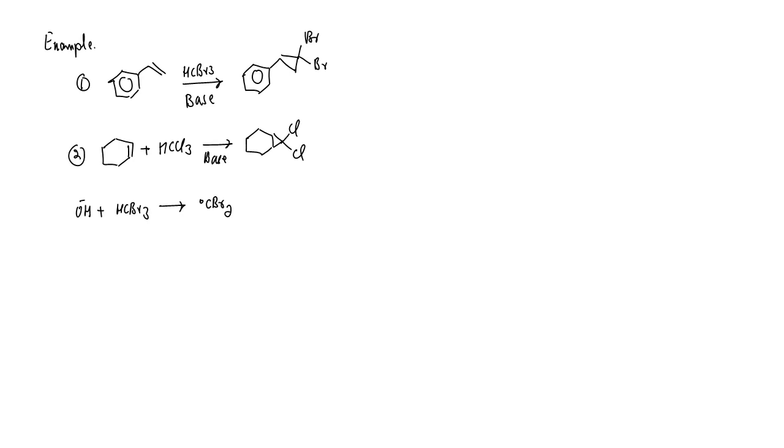CBr2, this is dibromocarbene, and this is electrophilic in character. When it is treated with a double bond, especially a compound like this, CBr2 adds like this and we get a cyclopropane system.